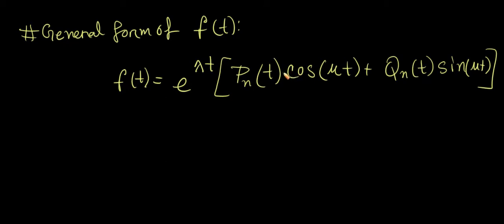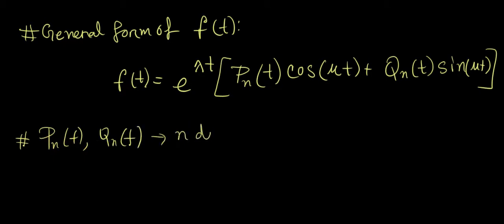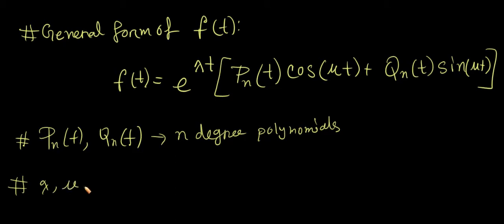That's why these things are written like this. Let me write it down. Pn of t and Qn of t are n degree polynomials, and lambda and mu are actually coming from solving the homogeneous equation.